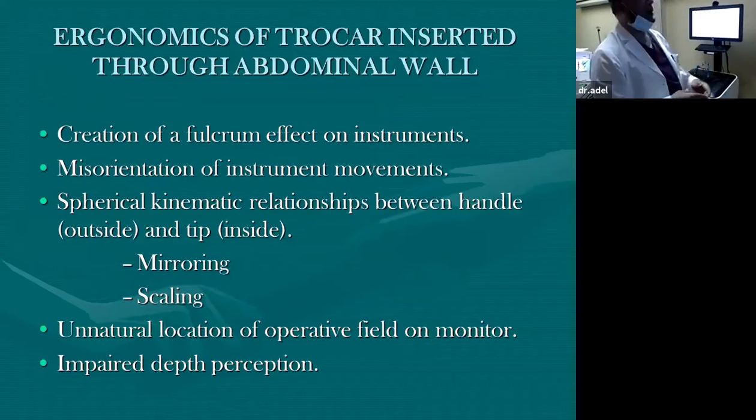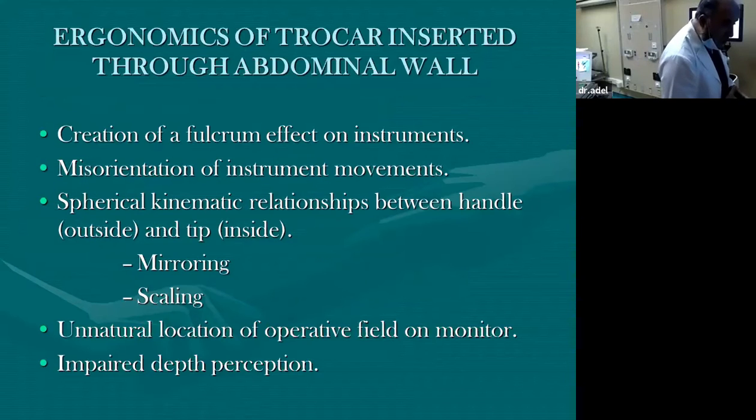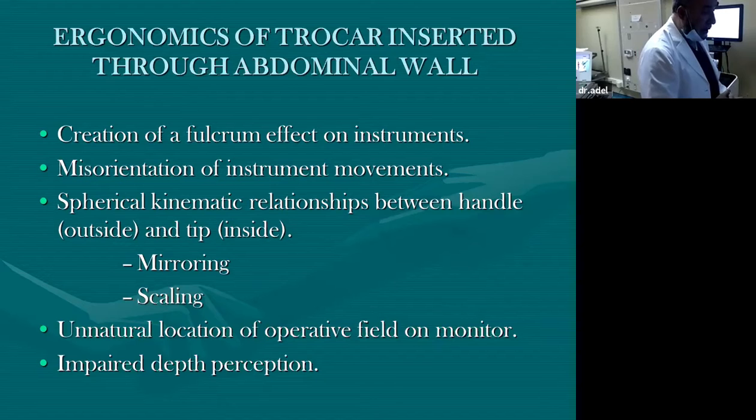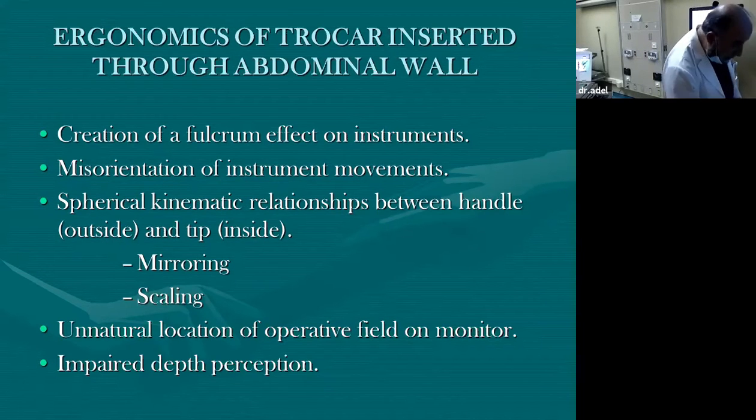Now, trocar inserted. Now, certain fulcrum affect the instrument. As I said, the incision, its size itself, misorientation of instrument, if I don't know how to coordinate myself. There is mirror skin natural location of operative field or inverted.